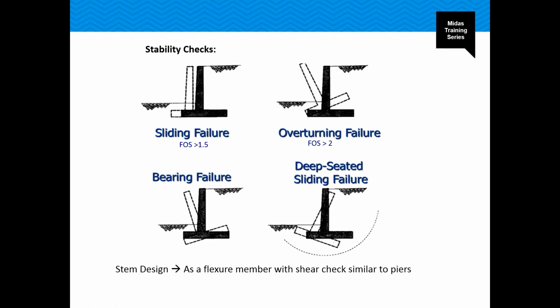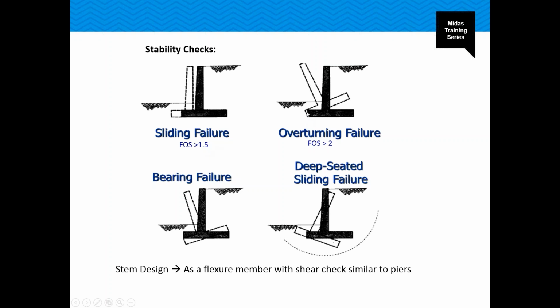So these stability checks correspond to various modes of failure. For factor of safety against sliding, the ratio of total vertical force to the horizontal force is taken and it is ensured that the ratio is greater than 1.5.